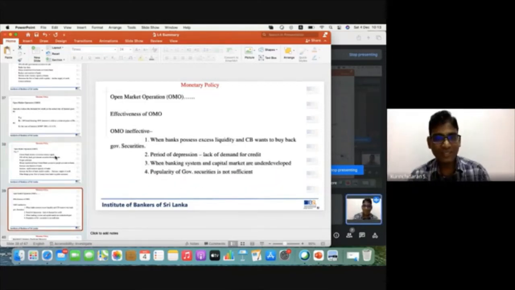I also put in this what we slightly discussed earlier. Sometimes this open market operation may be ineffective, right? So let's assume the first point: the central bank wants to pump money into the market to create credit and then money supply, so people can demand more.